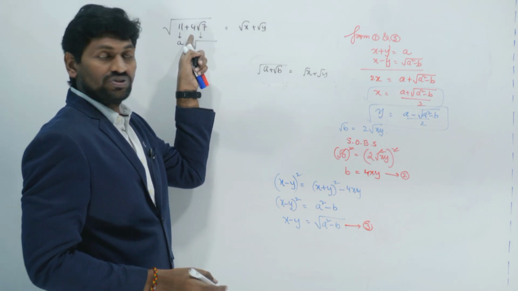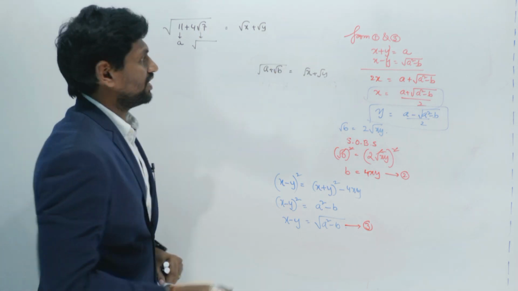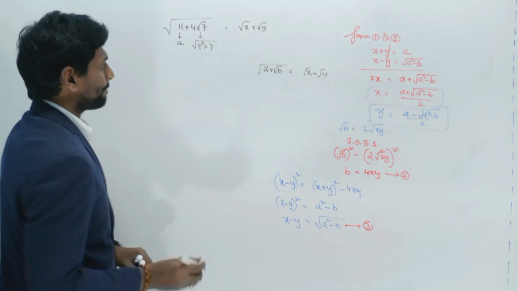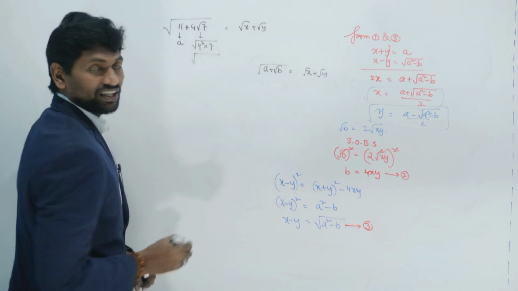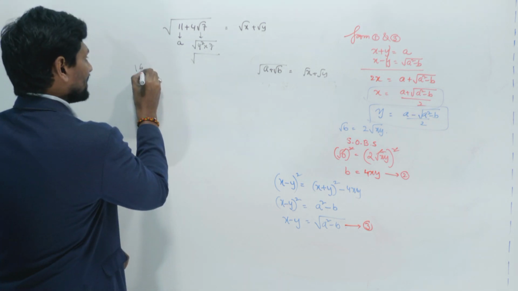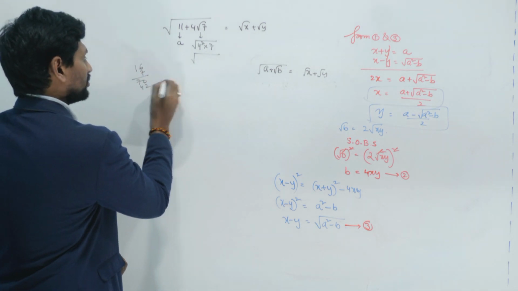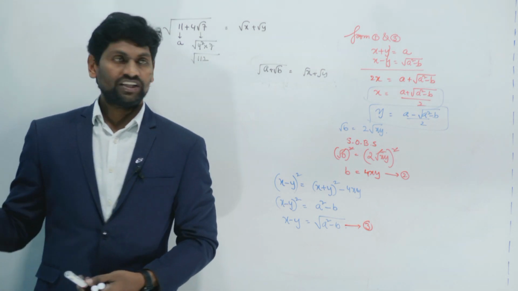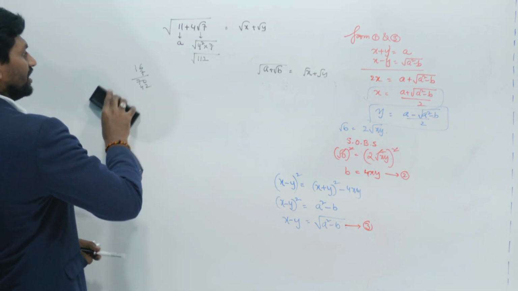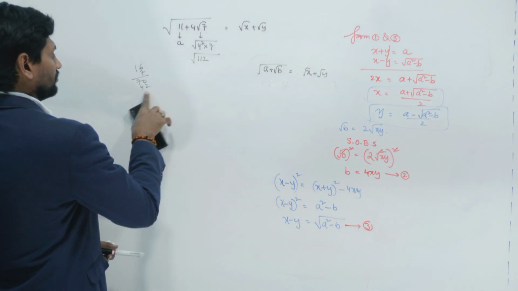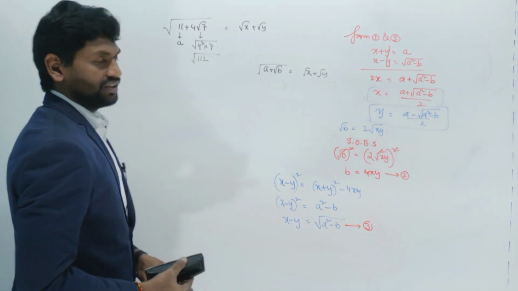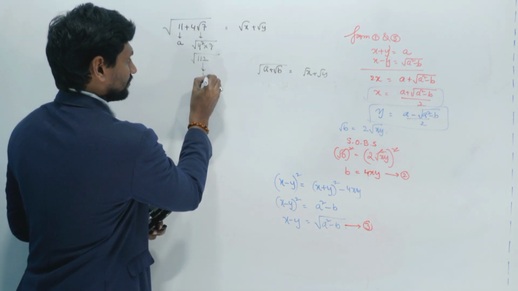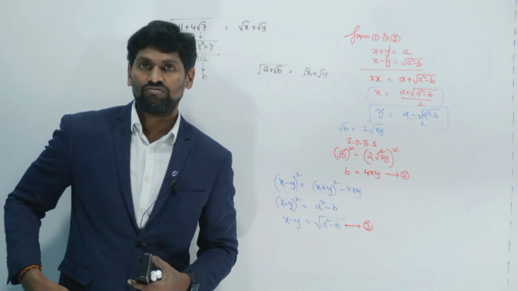When you transpose this 4 inside the square root, it becomes 4 square, 4 square into 7. 4 square value is 16, 16 sevens: 70 plus 42, 112. So from this, what is the b value? B value is 112.